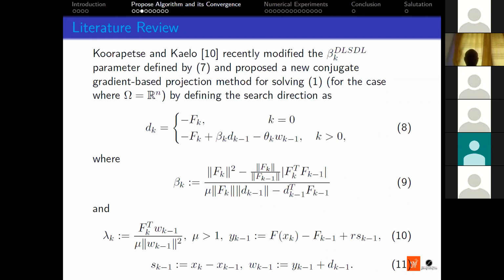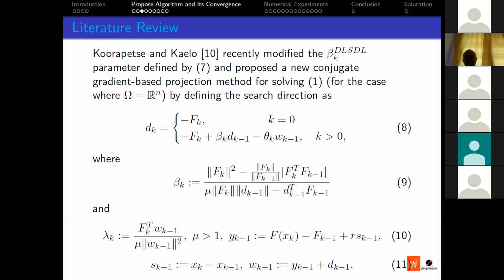So if we observe now, initially the direction given when k is greater than 0 has two terms. You just have minus Fk plus beta k dk minus 1. But in this case, an additional term is introduced, which is minus theta k wk minus 1, when k is greater than 0. Now, why is this term introduced? The reason is to achieve two properties which are very crucial in showing the convergence of any algorithm developed to solve problems such as 1.